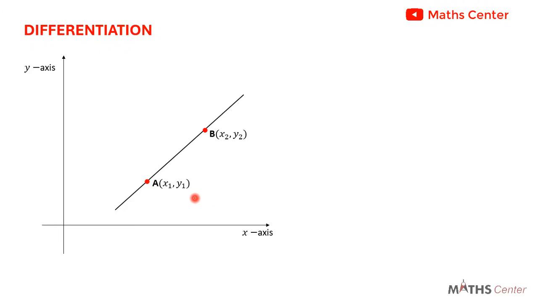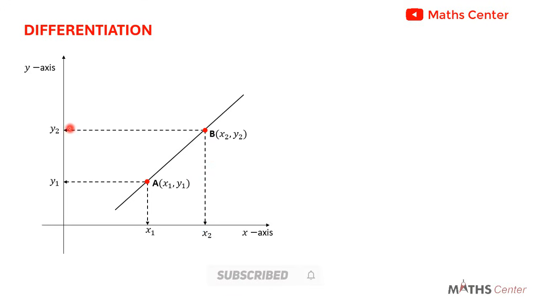When we trace point A to the x-axis, we get the x-coordinate, which is x1. When we trace it to the y-axis, we get the y-coordinate, which is y1. When we trace point B to the x-axis, we get the x-coordinate, which is x2. We trace it to the y-axis, we get the y-coordinate, which is y2.